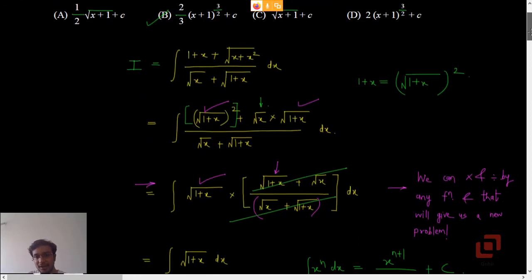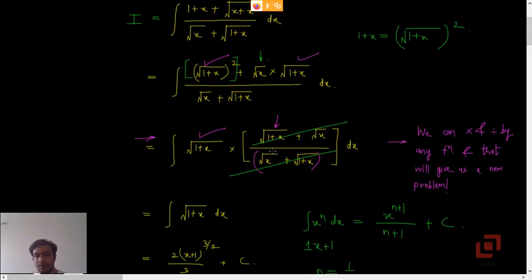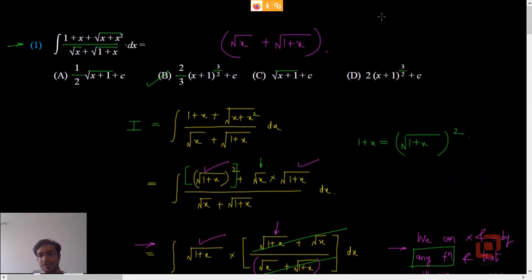Okay, second thing, here the factor that got cancelled, root of x plus root of 1 plus x, instead of this factor there can be any other factor also. Okay, so based on the same concept, which is integral of f of x into g of x upon g of x dx, you can come up with any number of problems.